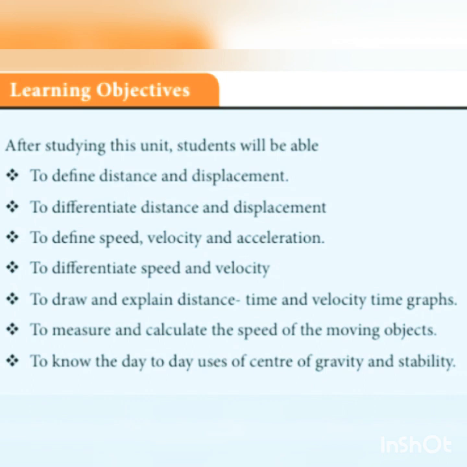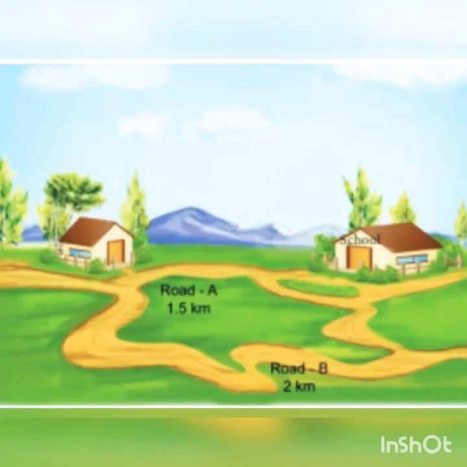You can draw lines and explain the distance time and velocity time graphs. You can measure and calculate the speed of the moving objects, and you can know the day-to-day uses of center of gravity and stability.